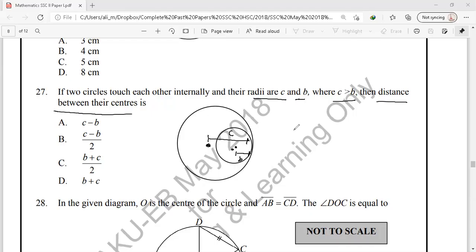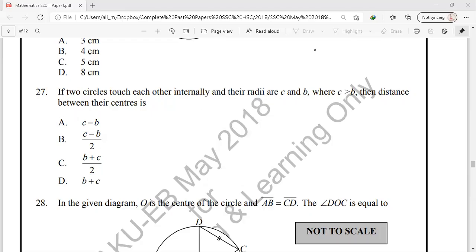When circles touch internally, the distance between their centers is the difference of the radii, while if the circles touch externally, the distance between their centers is equal to the sum of their radii. So in question number 27, the correct option is A, that is C minus B.